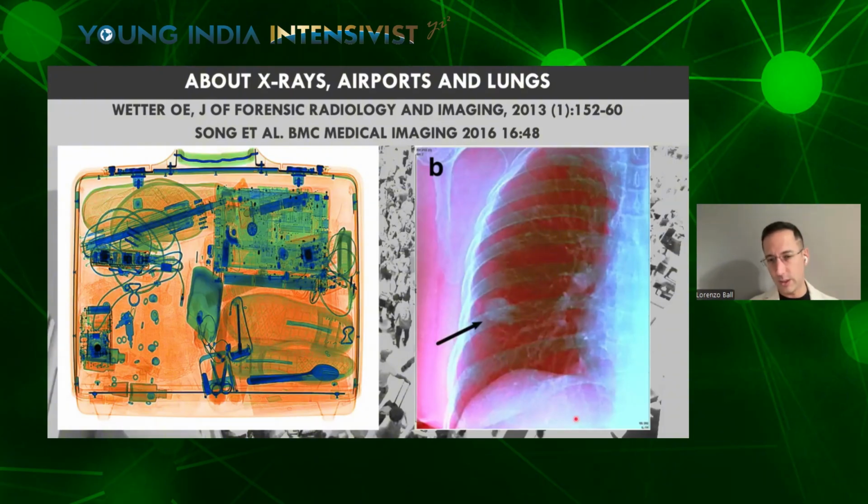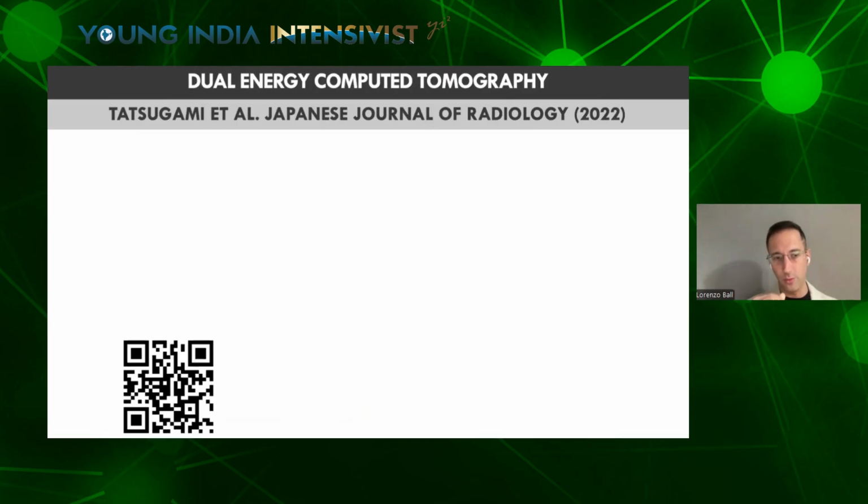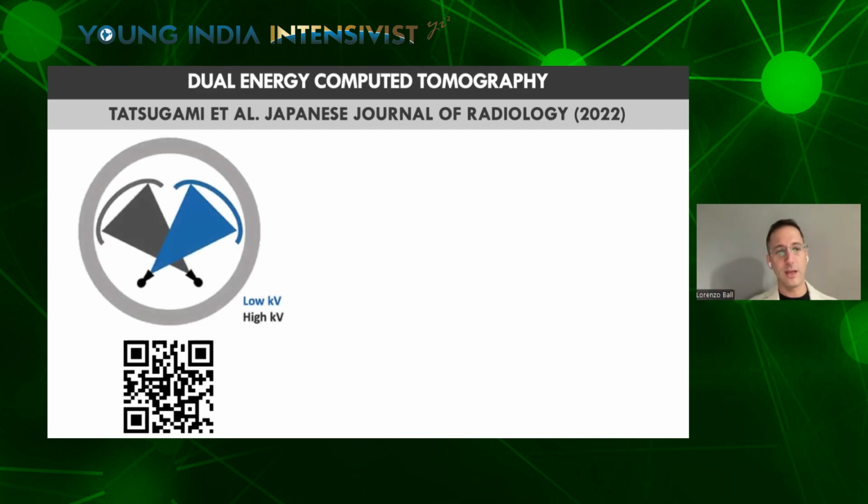This is not used in chest X-rays much. This is much more commonly used in computed tomography. In dual energy computed tomography scanners, two images are acquired simultaneously in one single scan. So there are two tubes inside the CT scanner, and it's much more common than you probably think.